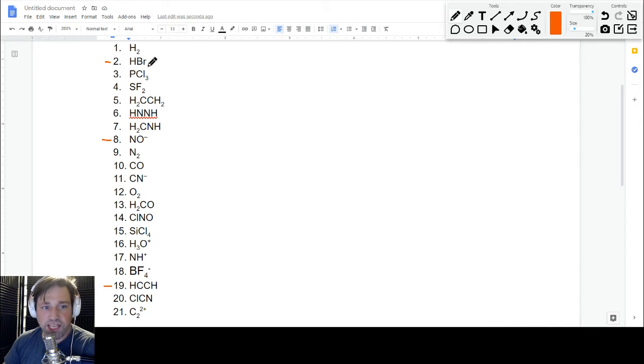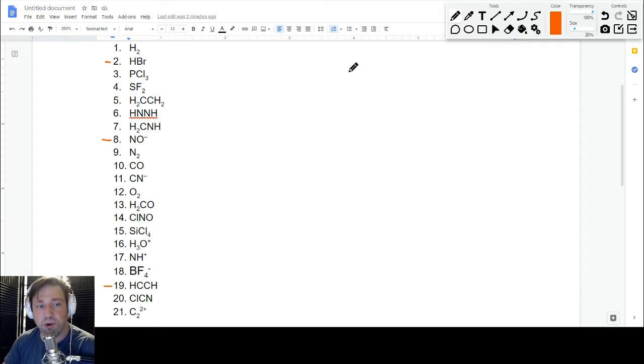So first off, HBr. Some of you may remember that this is hydrobromic acid, because it's a monatomic ion, the Br, with a hydrogen in front of it, so it's an acid. A monatomic ion acid has hydro, the thing, ic acid.